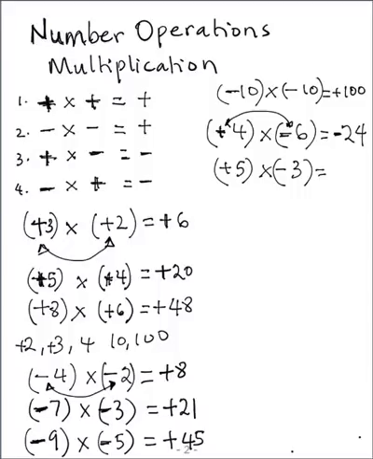Plus times minus will give us minus, and 5 times 3 will give us 15. Let's take one more example. We have plus 8 times minus 5. Plus times minus will give us minus, and 8 times 5 will give us 40.